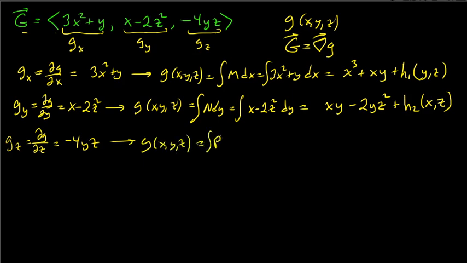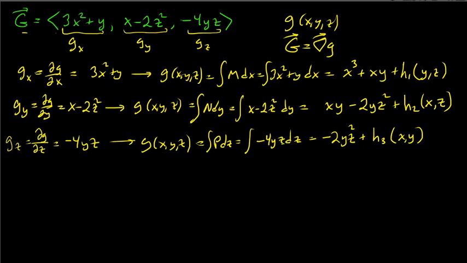Okay, so that should be a quick integral here. You're just integrating p with respect to z. So the integral of negative 4yz with respect to z is negative 2yz squared, right, plus any function of either x or y, but not z, because that was the variable with which we took the integral, right?